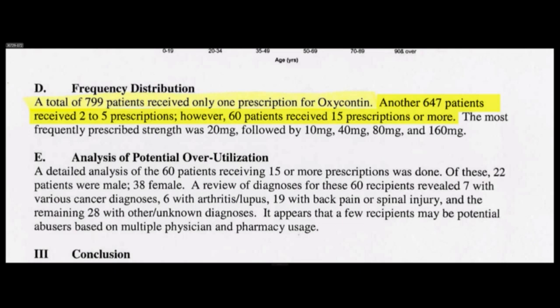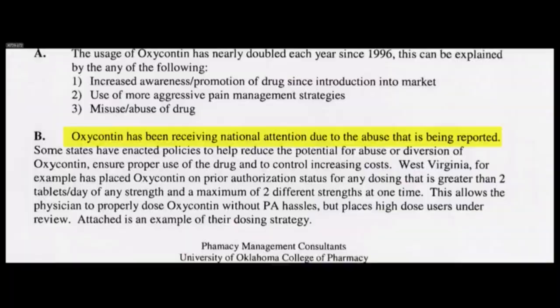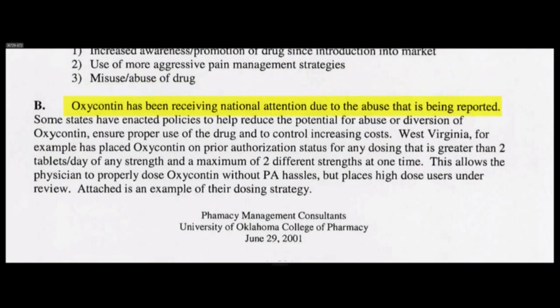That's what it says. And they also observed, in section B of the conclusion, that at that time OxyContin had been receiving national attention due to abuse that was being reported, correct? That's what it says. And that's what the College of Pharmacy reported to the Drug Utilization Review Board in this analysis that was included as part of the July 2001 meeting packet, correct?